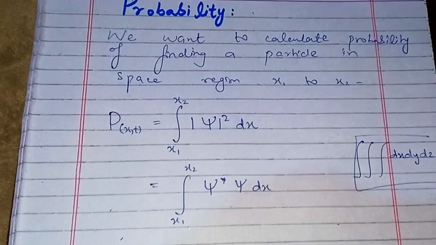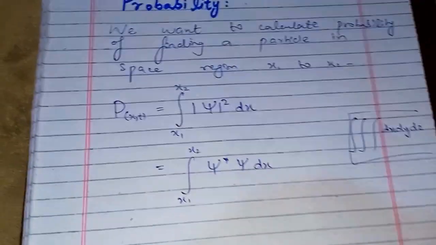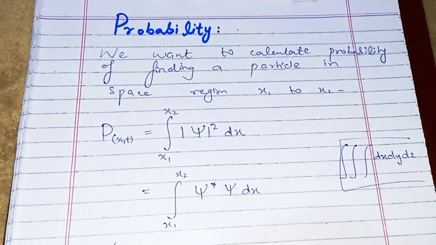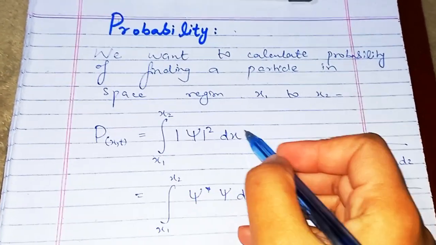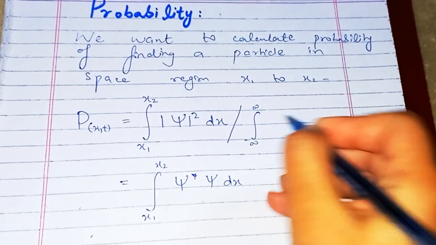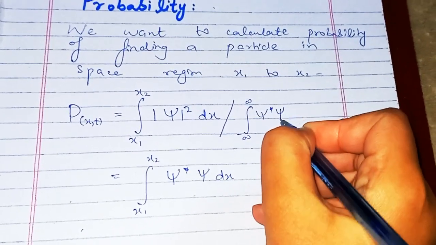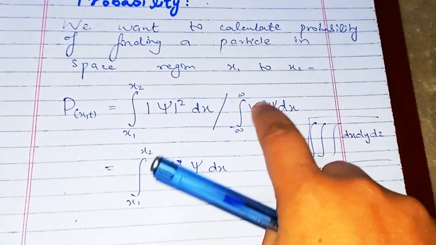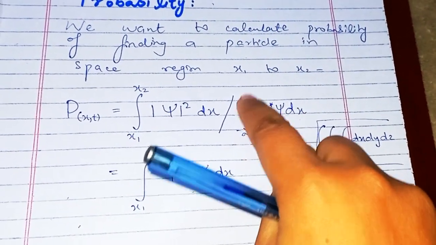And just like in the case of expectation value, the wave function we assumed in the first place was the normalized wave function. So the general formula is that we don't know whether the wave function is normalized or not, so we will have this integral in the denominator. Okay, self product in between the limits minus infinity to infinity.